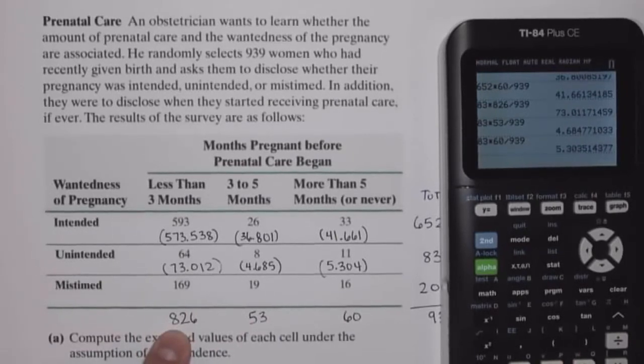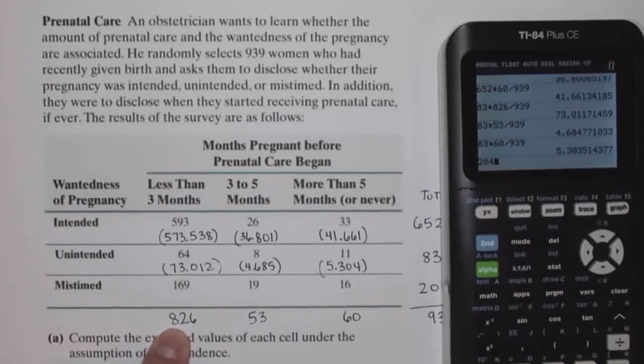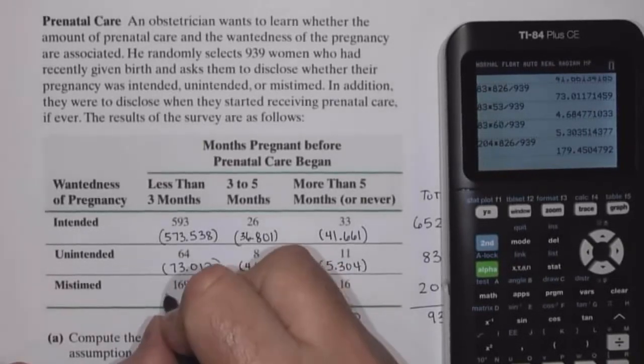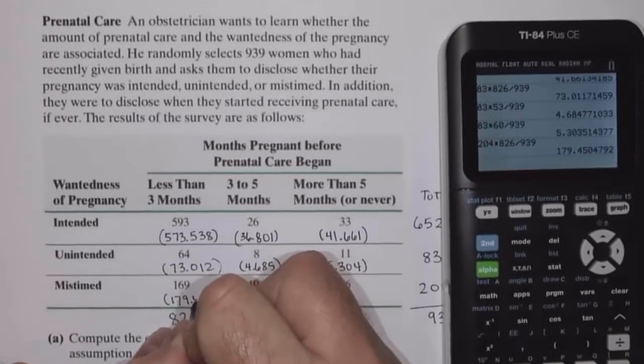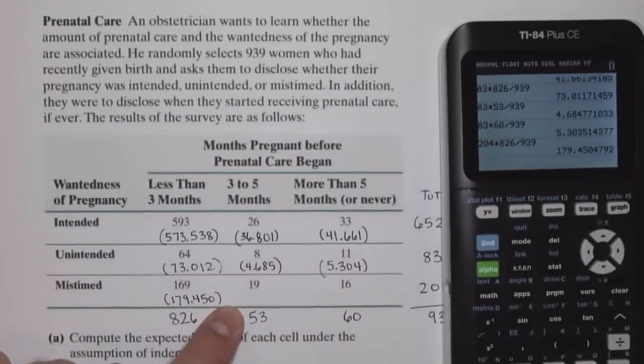For this cell, row total is 204 times column total 826 divided by 939, the table total. So that is 179.450. Likewise, row total 204 times column total 53 divided by table total 939.